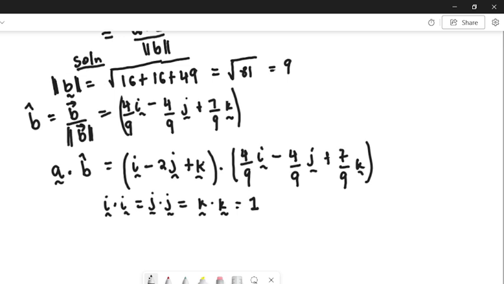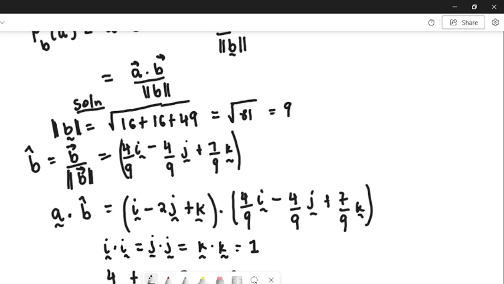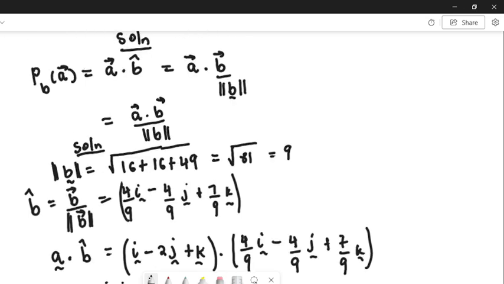I'm going to get 4 over 9, plus, because this is minus, minus 8 over 9, plus 7 over 9, and our scalar projection is 19 over 9. So if you use this value, you get 19 over 9.